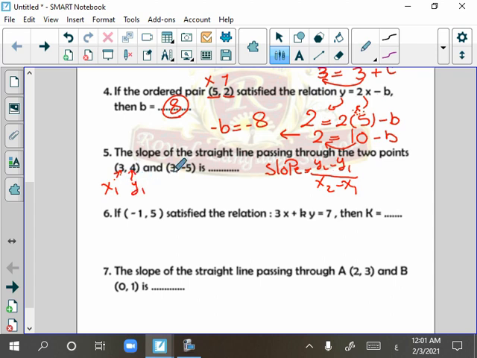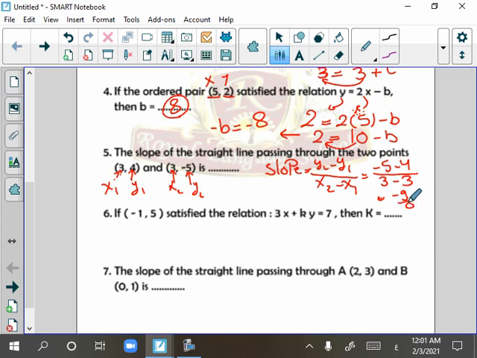In the second point, it will be x2 and y2. By substituting in our law, negative 5 minus 4 divided by 3 minus 3, it will be negative 9 over 0.